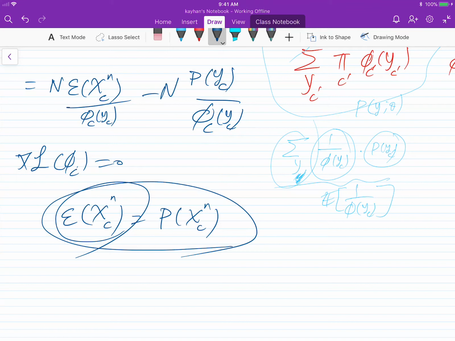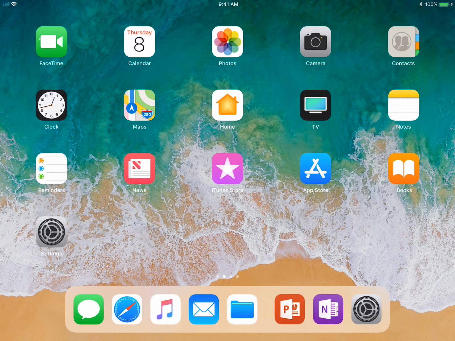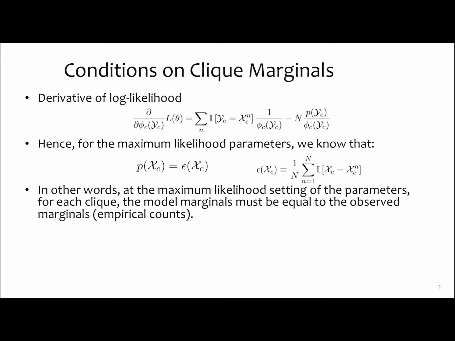Okay, so this will give us basically a condition. It's a condition that at the optimum, where the gradient is equal to 0, our empirical should match the marginal. So just saying the same thing here, if I take a gradient with respect to phi c, I get the empirical divided by phi c, and the probability divided by phi c.